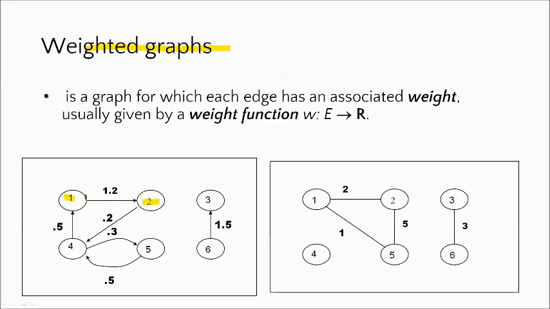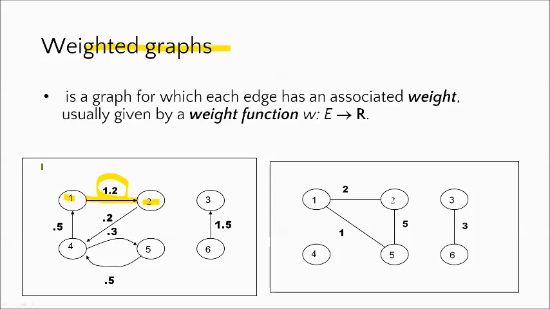I have a directed arc from vertex 1 into vertex 2, and I have a weight here from vertex 1 to vertex 2 with a value of 1.2. So this is the weight. The weight is on the arc or on the edge.